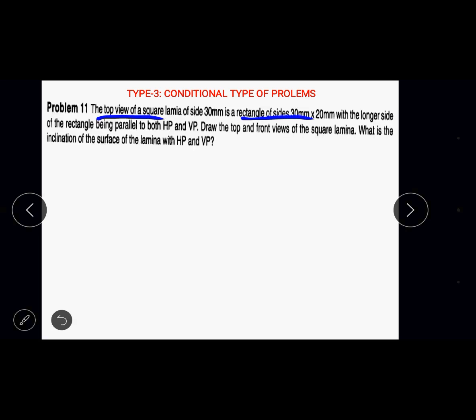You can see that the longer side of the rectangle is parallel to both HP and VP. This part of the statement suggests you go for edge resting.